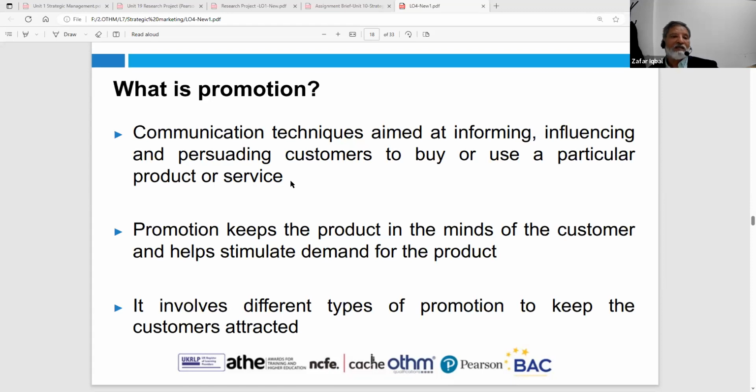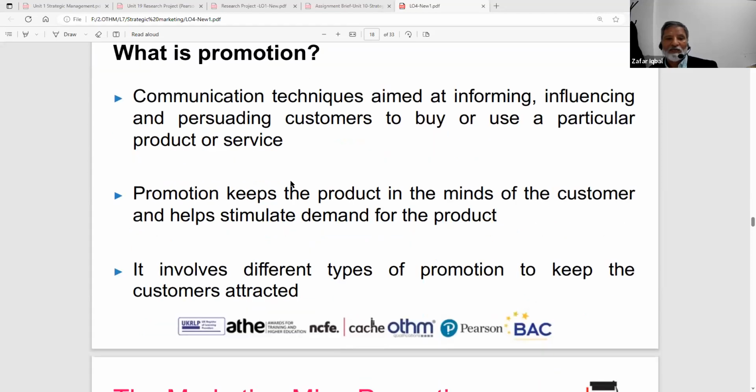This is the main purpose of promotion: to create awareness, and influence and persuade customers to buy the products. So that the customer keeps the promotion in mind about this product, and it helps stimulate demand for that particular product.